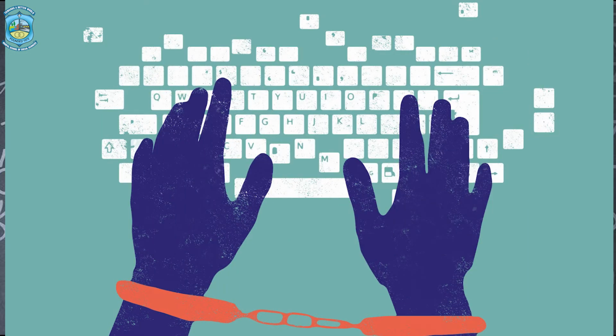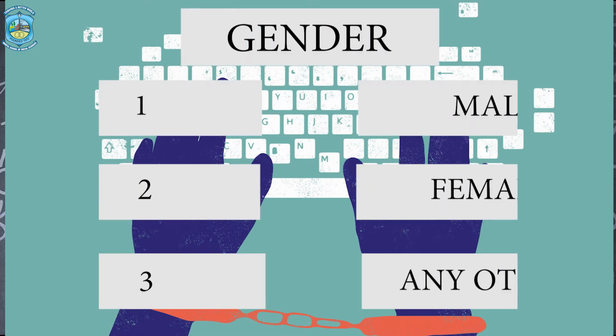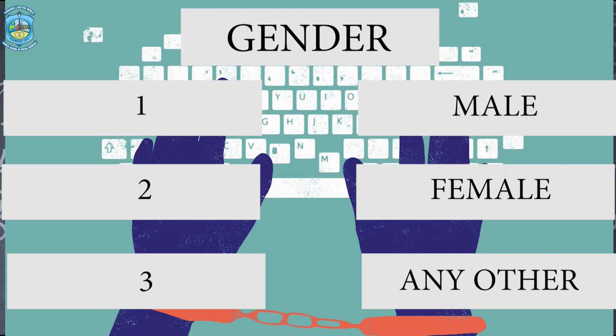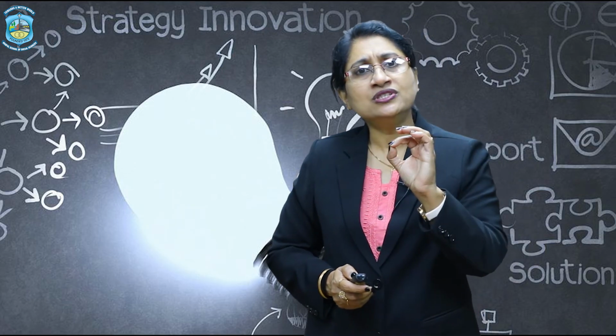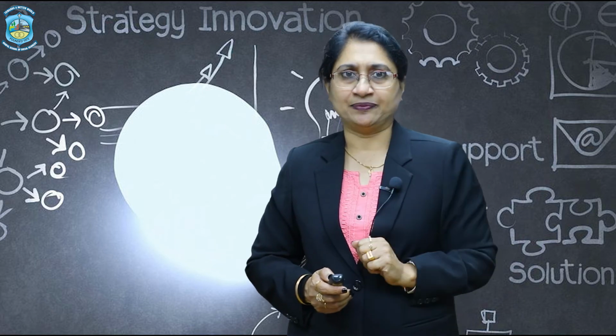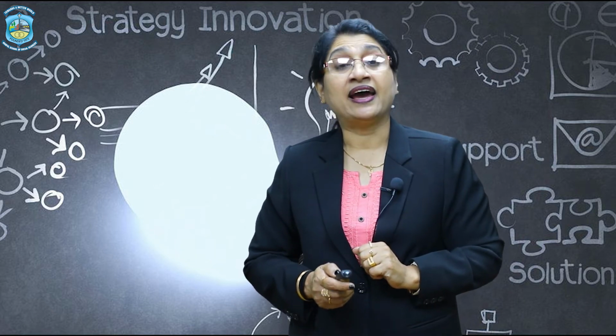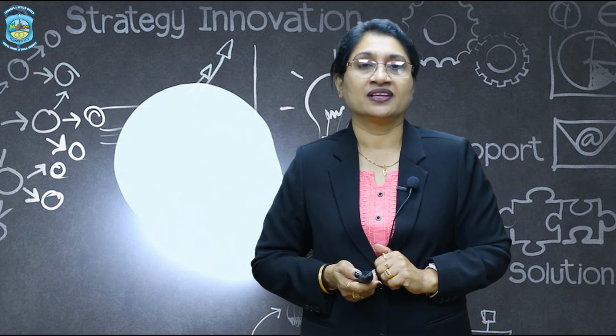Say for example, to code categorical data, say gender, you must use codes like 1 for male, 2 for female and 3 for any other. Codes are the rules for interpreting, classifying and recording the data.